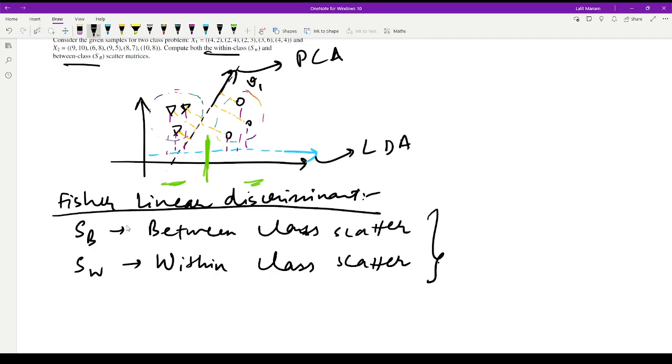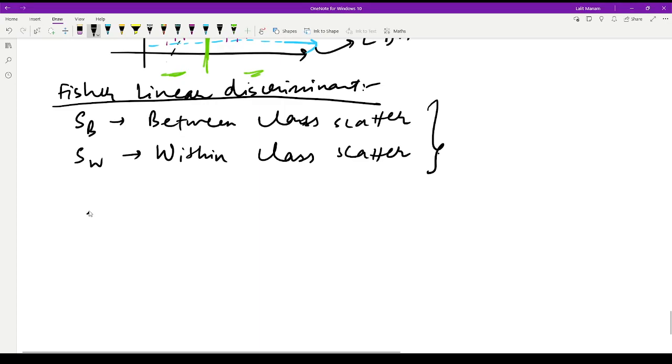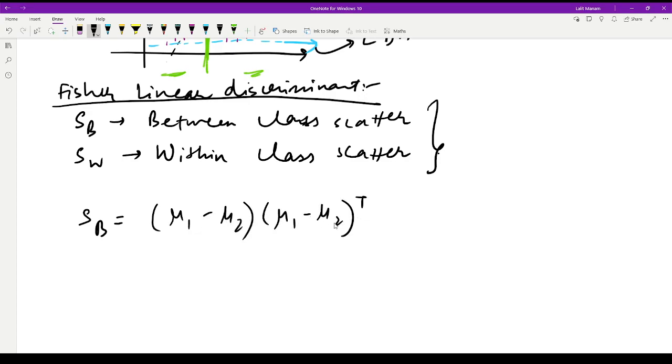So what is between class scatter? This formula should be simple to remember. It is between class, so we are just trying to get an idea of how far the means are from each other. We want to maximize between class scatter. That means if the two means are far away, this scatter should be large.